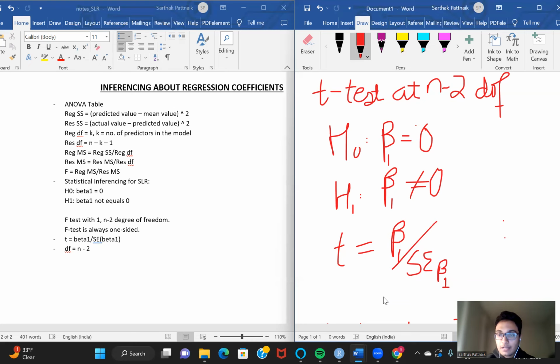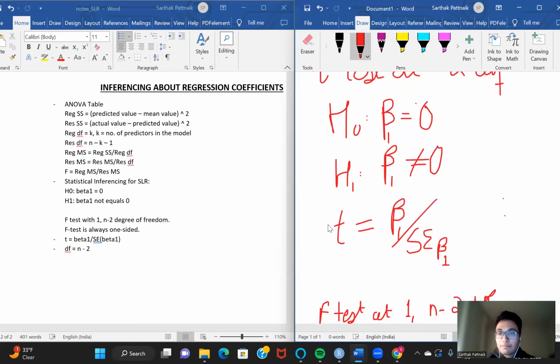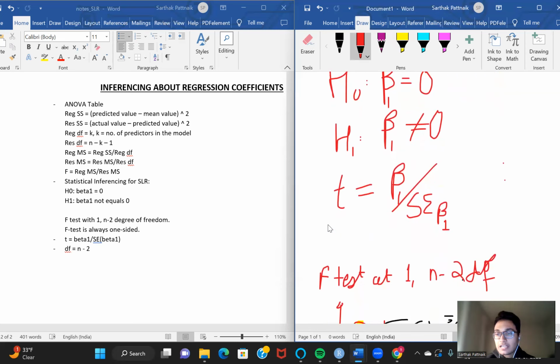This is going to be my test statistic for my t-test. And because we have understood t-test beforehand, you know how to calculate your critical t-value. You will be using your concept from double-sided t-test according to the significance level given.